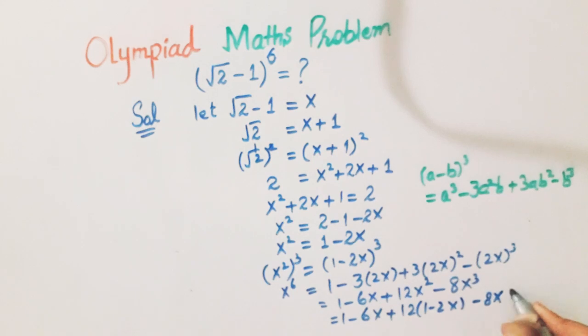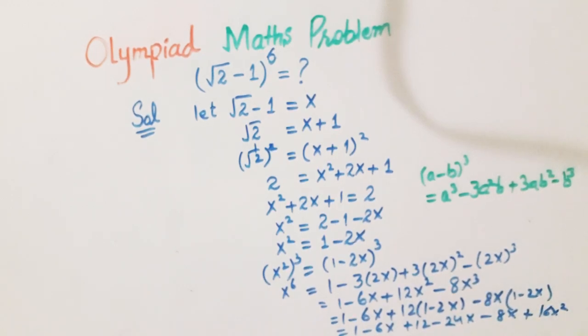So in place of x squared, we will again write 1 minus 2x. Now we get 1 minus 6x plus 12 minus 12 into 2, 24x, minus 8 of x, then plus 8x, plus 8x, that is 16x squared.